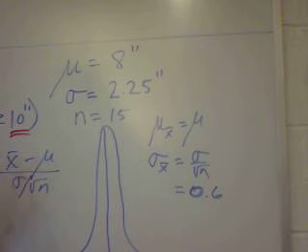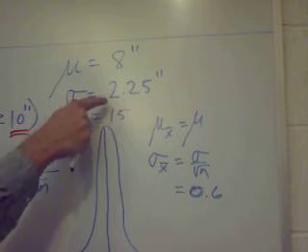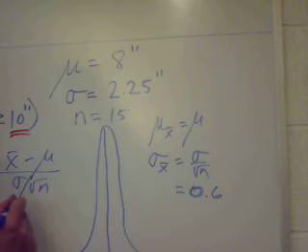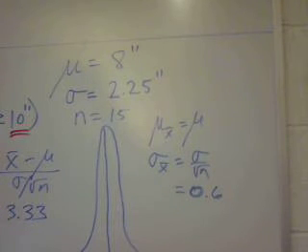So it's 10 minus 8 in the numerator and 2.25 over the square root of 15 in the denominator. And when you do that, you get 2 over 0.6, which is about 3.33 for z.